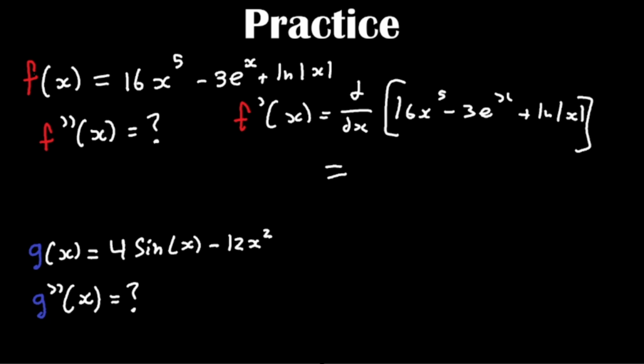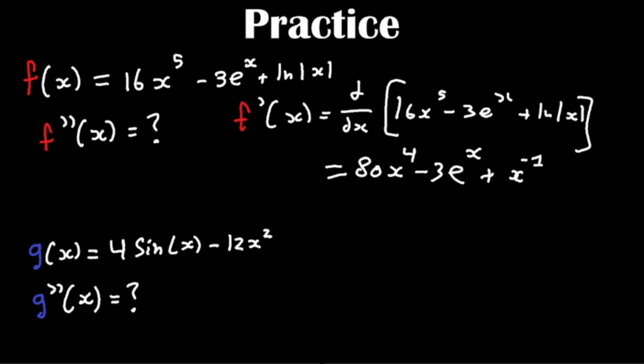The derivative of 16x to the fifth is 80, and then we bring the power down by 1, x to the fourth, and then minus 3, e to the x just differentiates to itself. And then the derivative of the natural log of absolute value x is 1 over x. Because we have to differentiate again, I'm going to write that as x to the negative 1, because we're going to need the power rule.